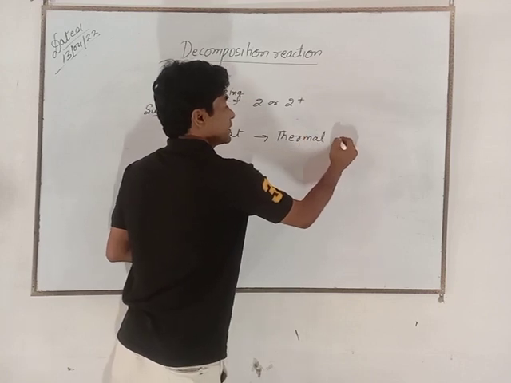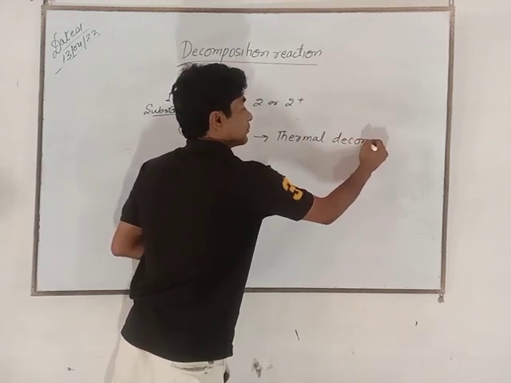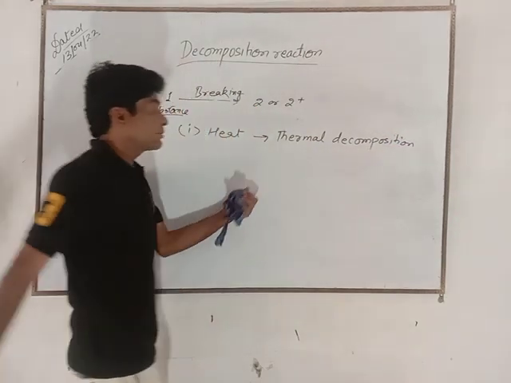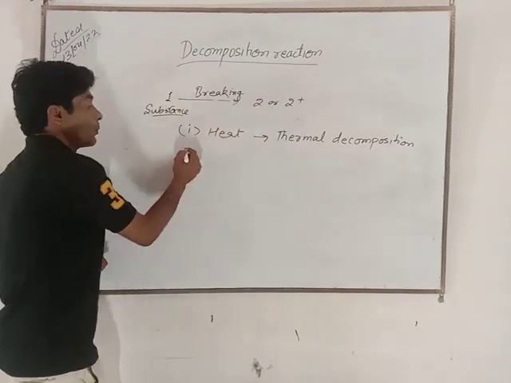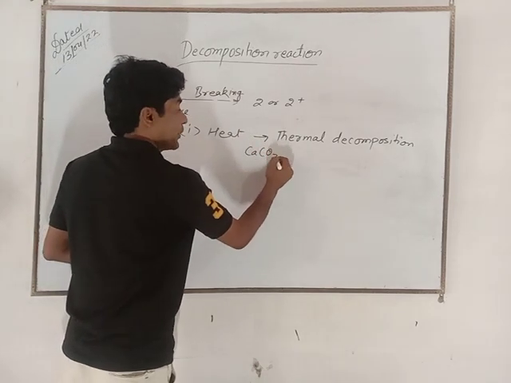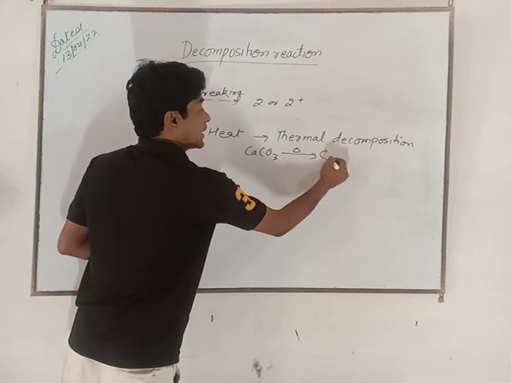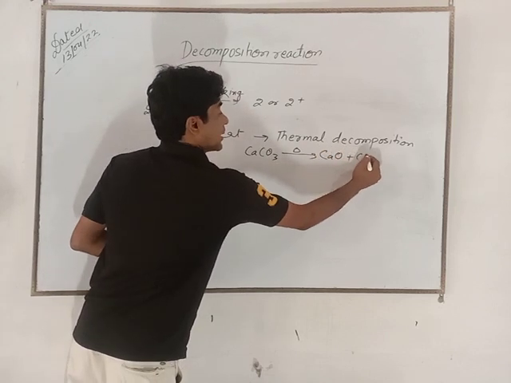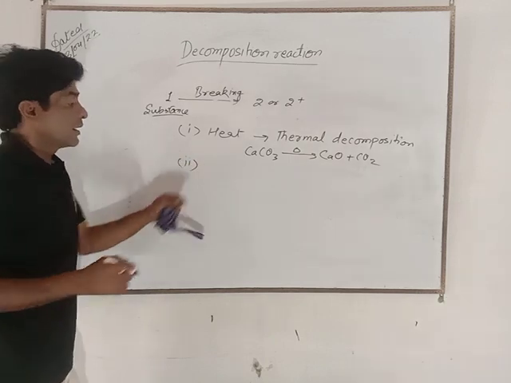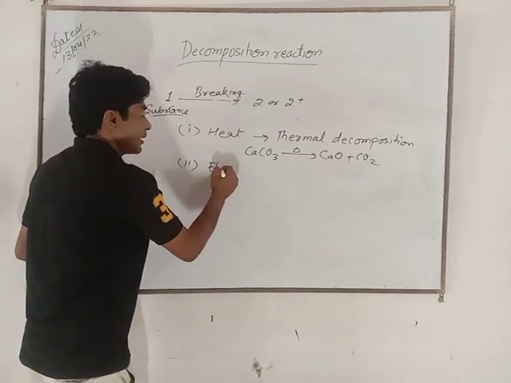This is thermal decomposition, means by heat. Now, one best example I have given you: calcium carbonate, when heated, breaks down into calcium oxide and carbon dioxide.